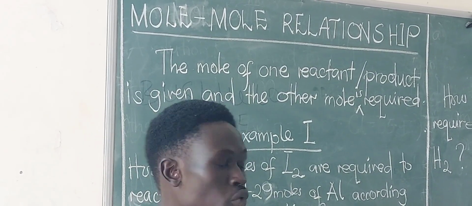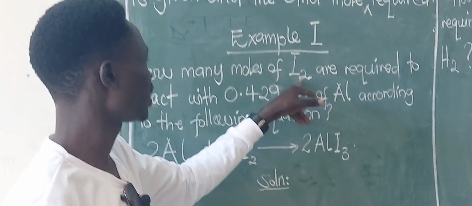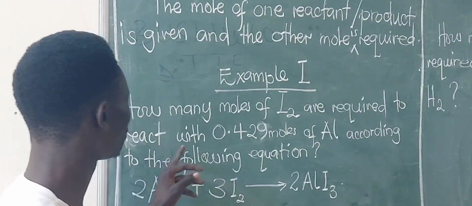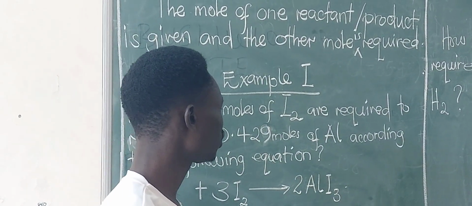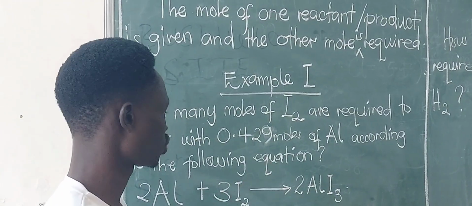Example one. How many moles of iodine are required to react with 0.429 moles of aluminium according to the following equation?